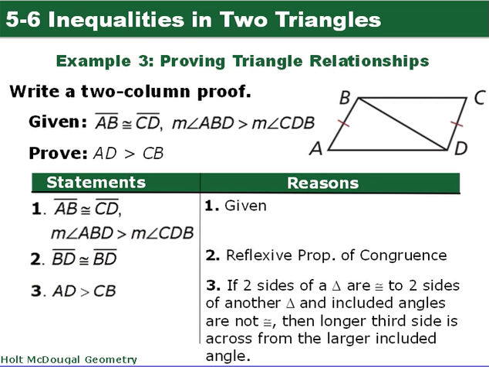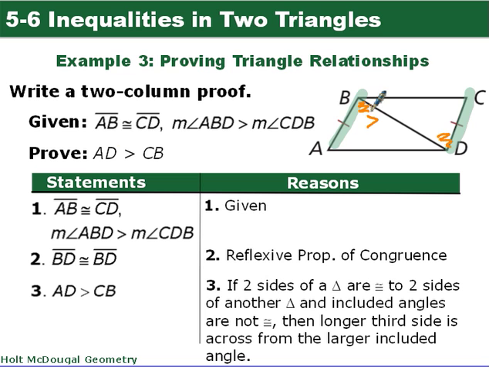And yay, it's proof time again, guys. Write a 2-column proof. We're given that segment AB is congruent to CD, it's marked up here, and that the measure of angle ABD is greater than the measure of angle CDB. So we start with what we're given.